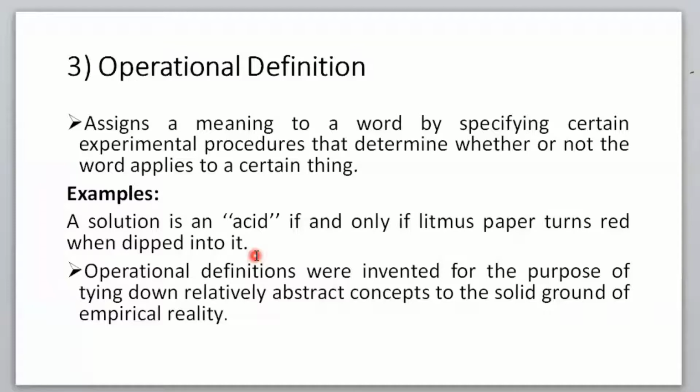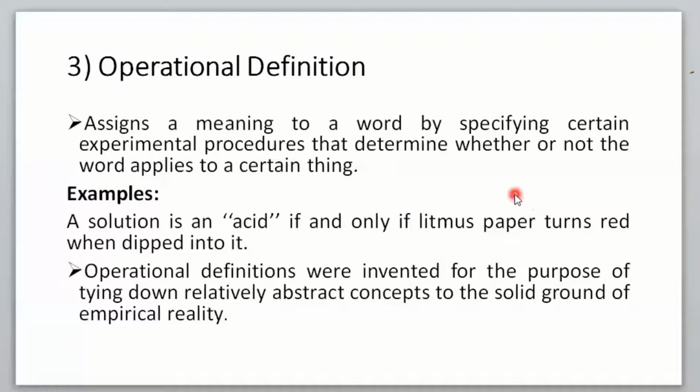But there is a difference between theoretical definition and operational definition. In the case of operational definition, it means giving meaning by showing experimental procedures that determine whether or not the word applies to a certain thing.